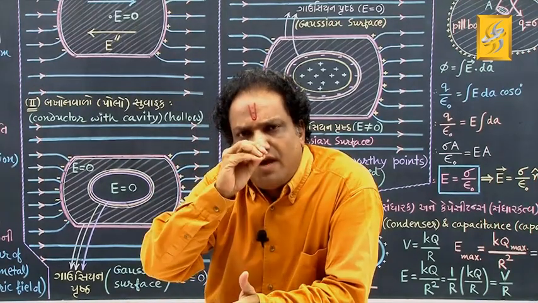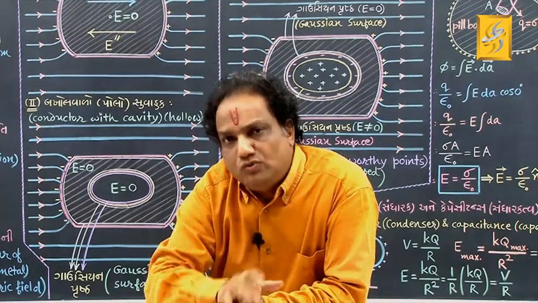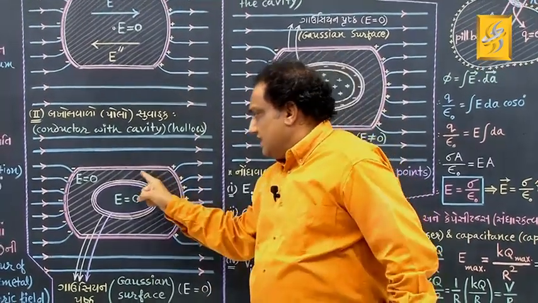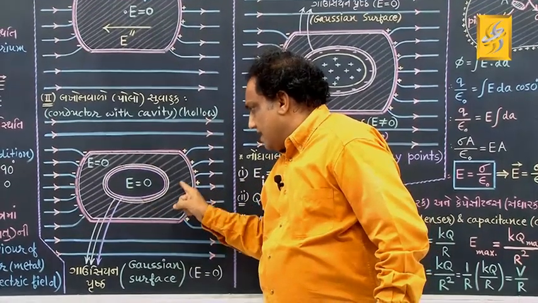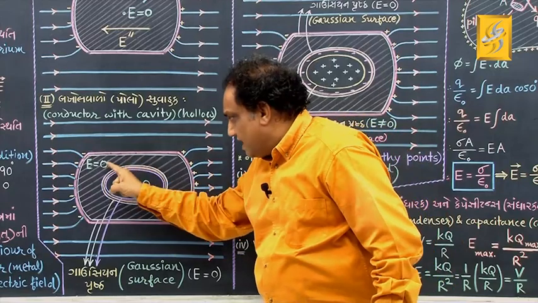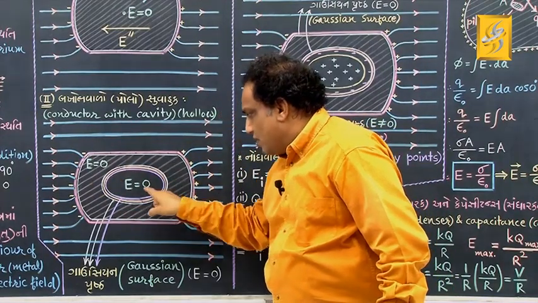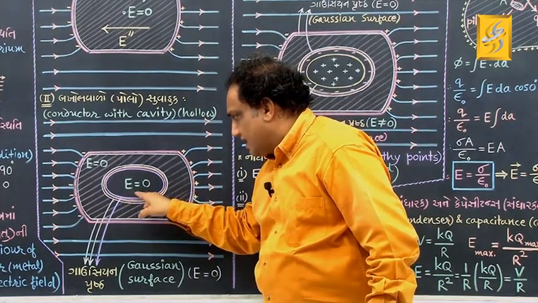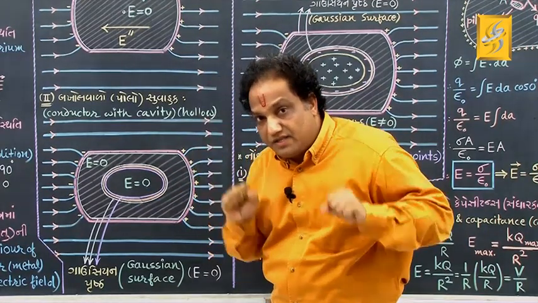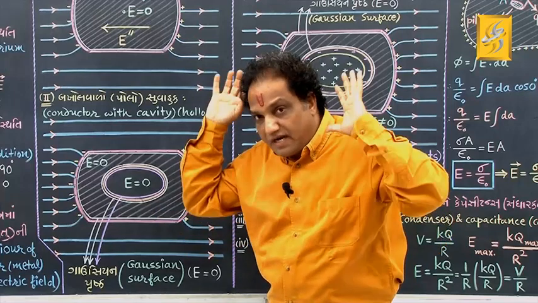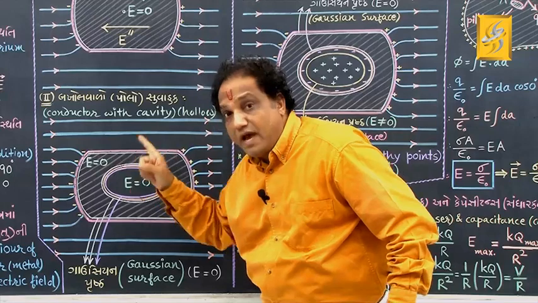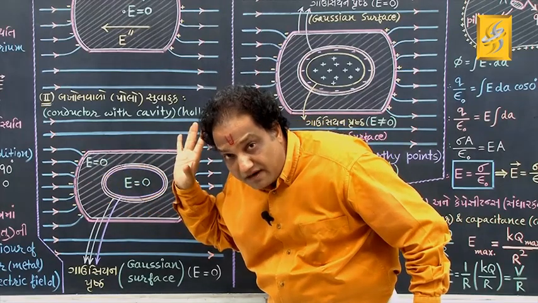Though there may be any amount of lightning, no problem, because look here, consider this metallic conductor as the metallic body of your car, and you are inside the car in the cavity. Suppose there is lightning, and because of that an external electric field will be applied on the body of the car.